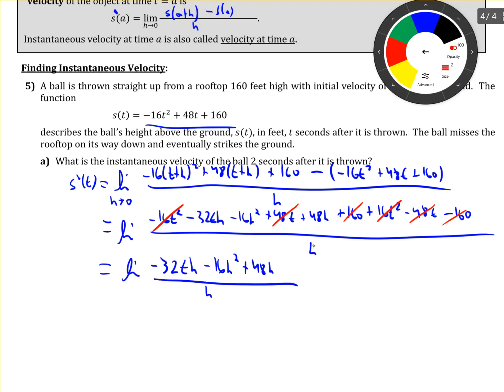Now everything here has an h, so cancel one h from everything. I'm left with equals limit of negative 32t minus 16h plus 48. And remember, that's h goes to 0, and so I end up with negative 32t plus 48.